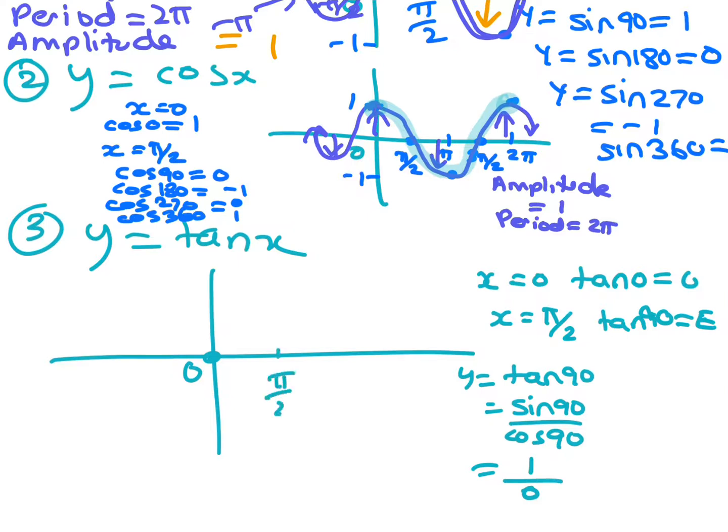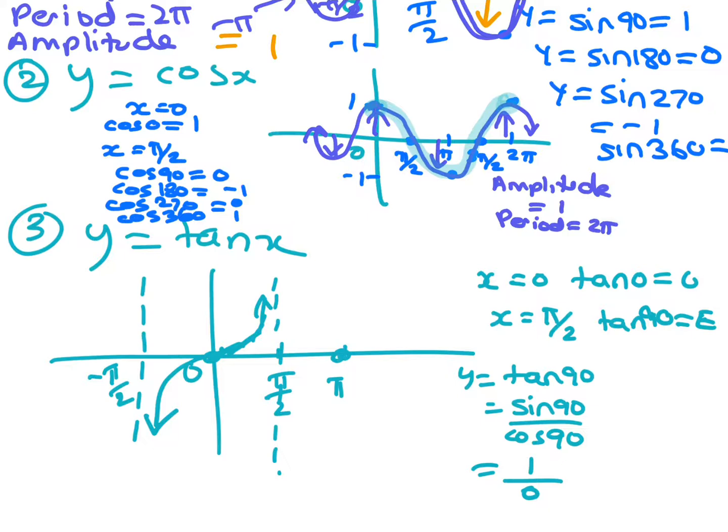What this means is at 90, it is actually an asymptote, because it's going to approach infinity. So if you keep getting something closer and closer to 90, you'll see it'll get bigger and bigger and it'll approach infinity. If you did the same for minus 90, you would get exactly the same.